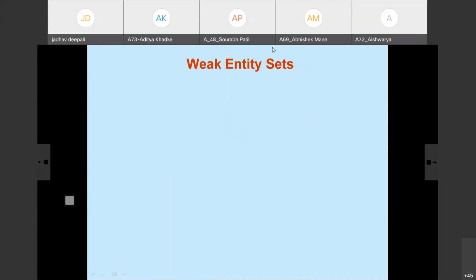Now the next part, which is again very important in the case of the ER model or ER diagram, and we need to understand this part also, that is weak entity set. What is meant by weak entity set? As per the definition, an entity set that does not have a primary key is referred to as a weak entity set.